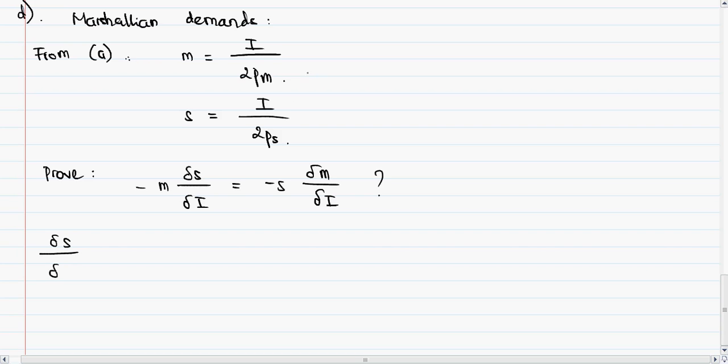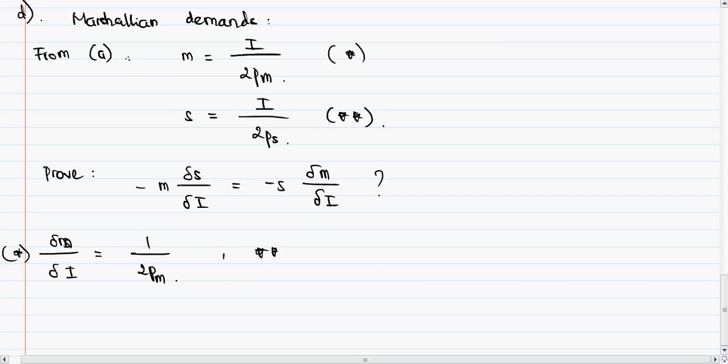I'll say this is the star equation, and this is the second star equation. By using the first star equation, I'll find the change in M first. So I differentiate the M function with respect to I, and I'll get 1 divided by 2PM.